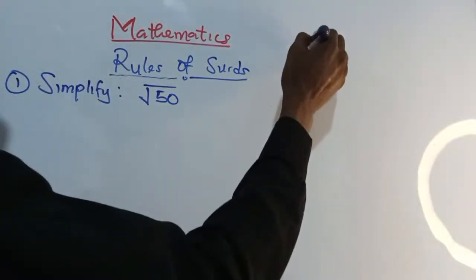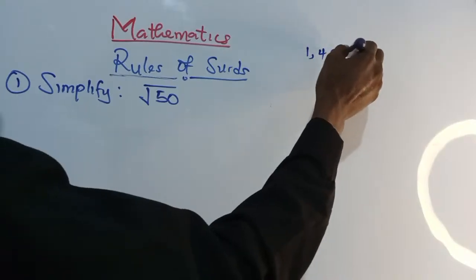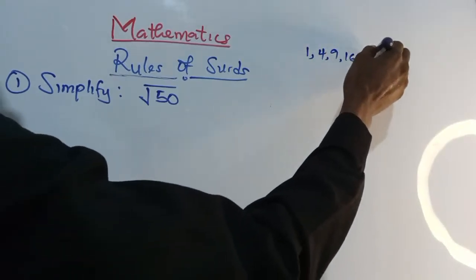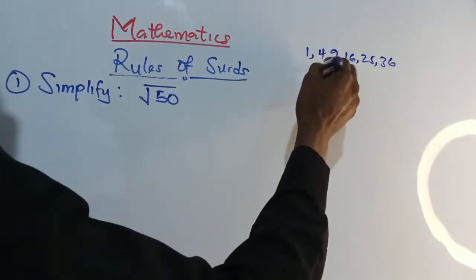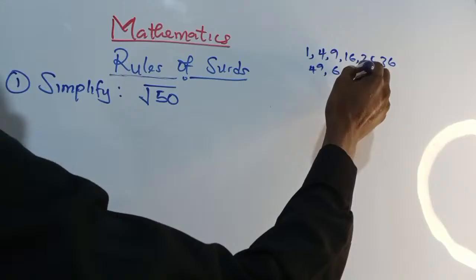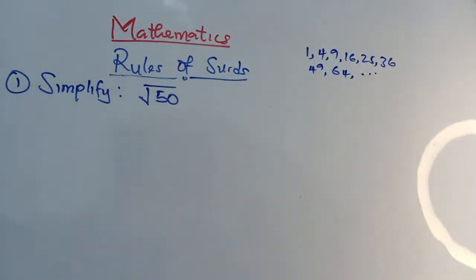We have 1, 4, 9, 16, 25, 36, 49, 64. These are perfect square numbers, numbers that you can find their square root.